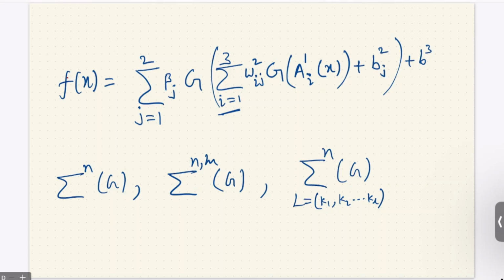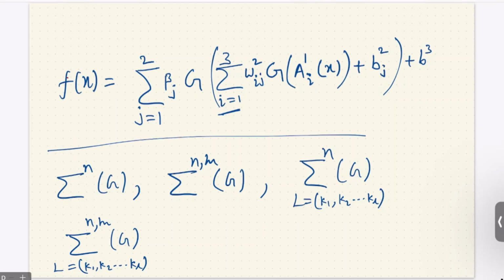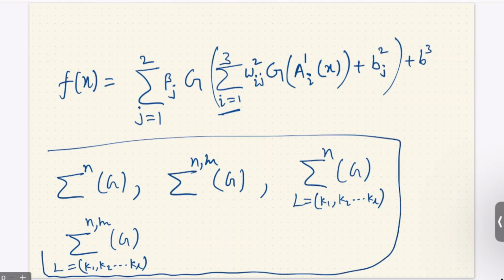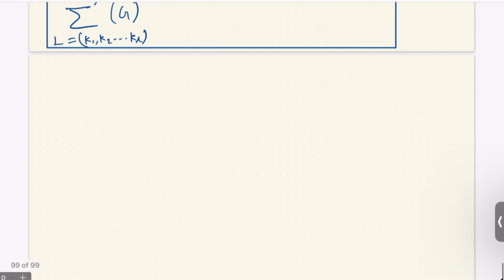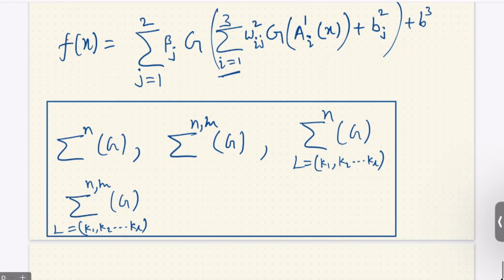Now your task is to write the expression for the class of functions for R^n to R^m with L equal to K1, K2, and so on KL of G. There are four such classes we can say. So far we have discussed these four neural network classes, and today I will go with one more class.